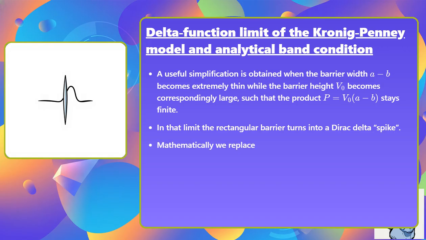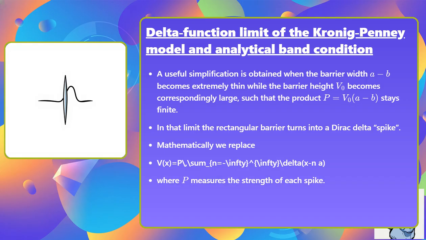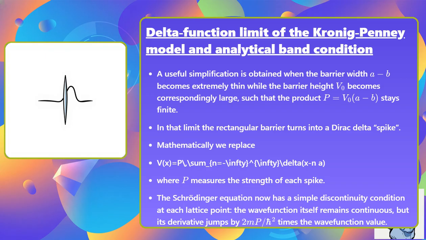Mathematically, we replace V(x) equals P sum over n from minus infinity to infinity of δ(x − na), where P measures the strength of each spike. The Schrödinger equation now has a simple discontinuity condition at each lattice point. The wave function itself remains continuous, but its derivative jumps by 2mP divided by ħ squared times the wave function value.